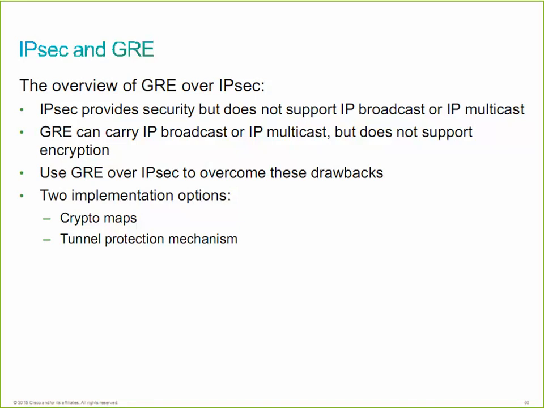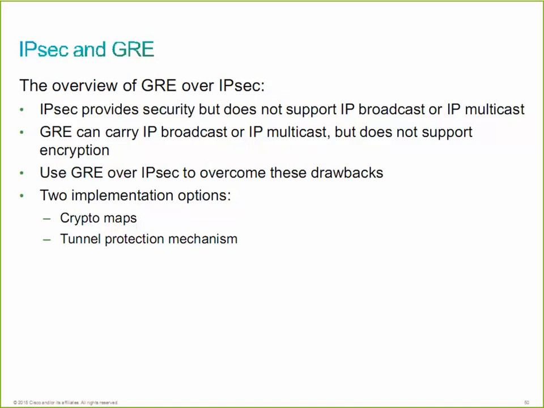The configuration of crypto maps is a little bit more complex. So usually, and we see this a lot with our customers, we use tunnel protection mode, but there are situations where you may actually have to use crypto maps. Let's say, for example, you're doing the encryption and encapsulation on physically different devices.